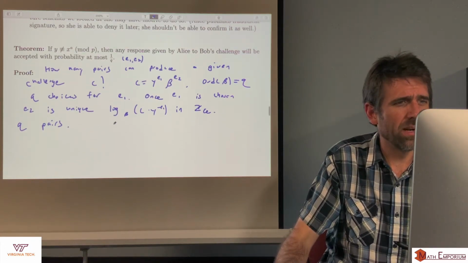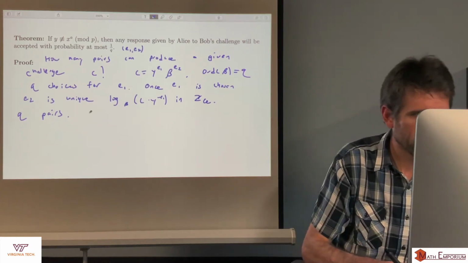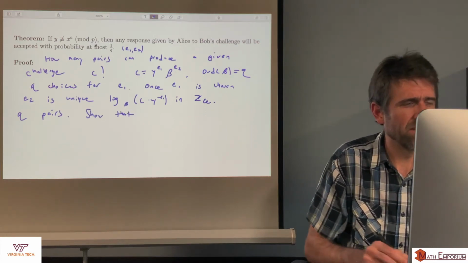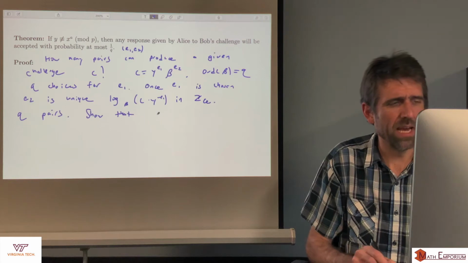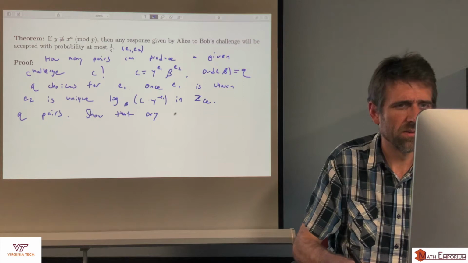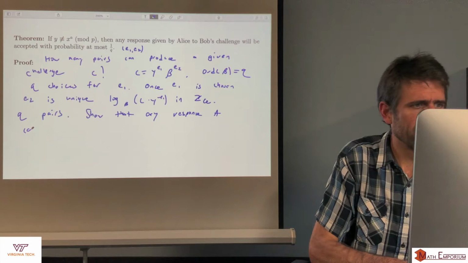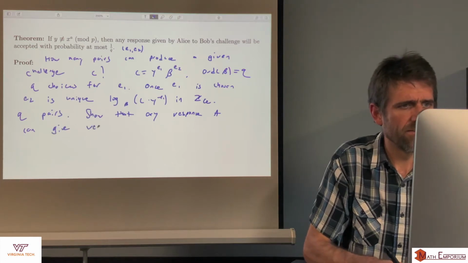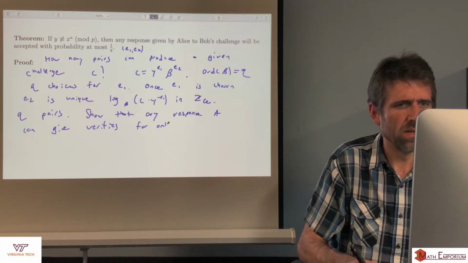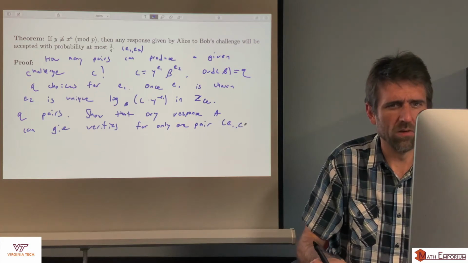All right, and so what we're going to do then is show that, under this assumption, so that y is not congruent to x to the a mod p, any response Alice can give verifies for only one pair, e1, e2.